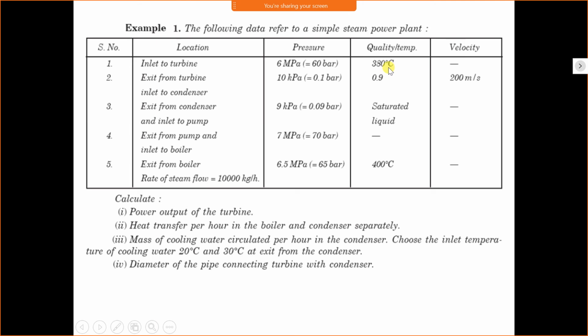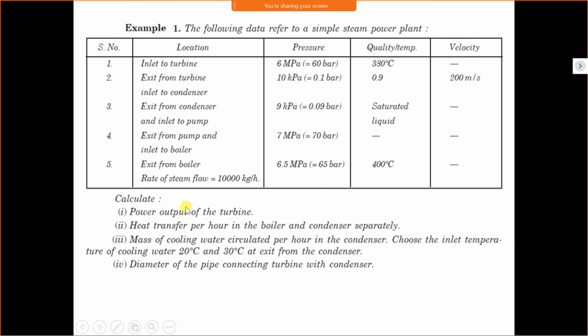There is a drop of temperature by 20 degrees Celsius. While calculating the heat transfer to the boiler, we have to consider outlet from the boiler and inlet to the boiler. While calculating the work done by the turbine, we have to consider inlet to the turbine and outlet of the turbine.